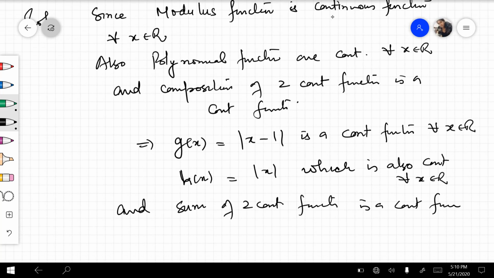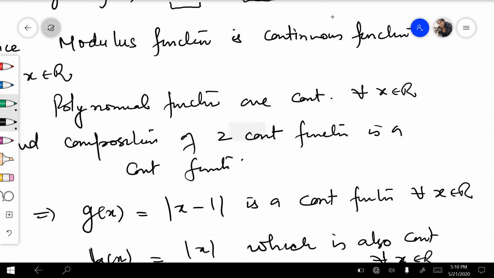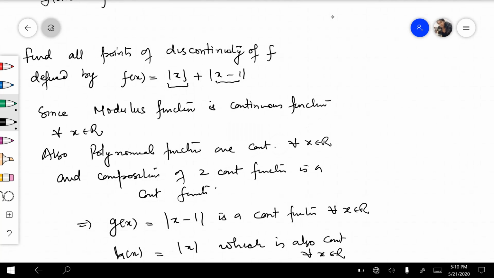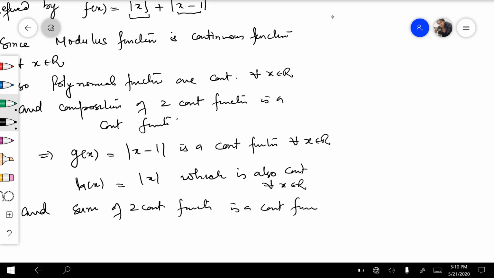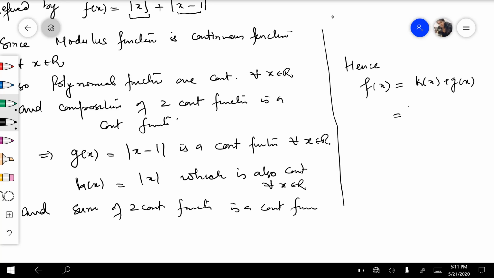Hence f of x, which is equal to h of x plus g of x, is equal to modulus of x plus modulus of x minus 1, is continuous for every x belongs to R.